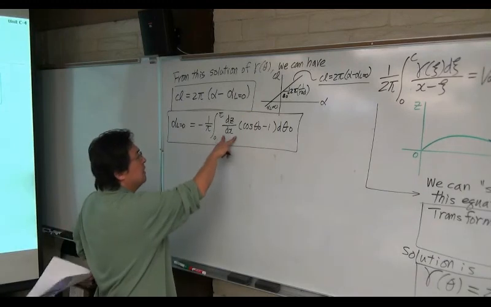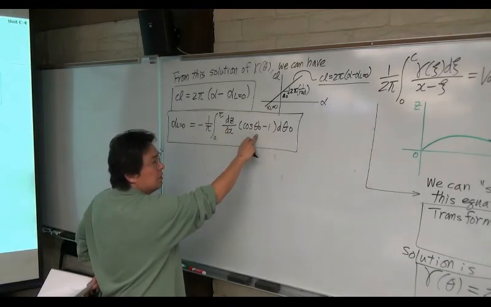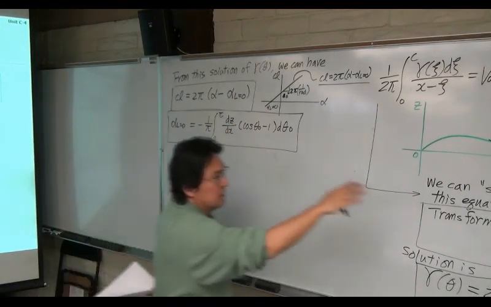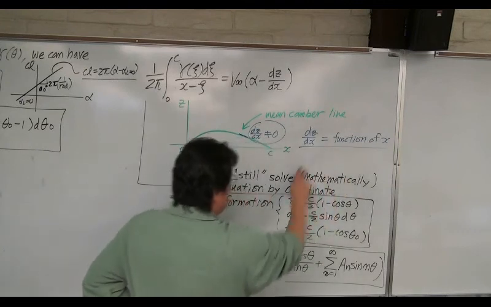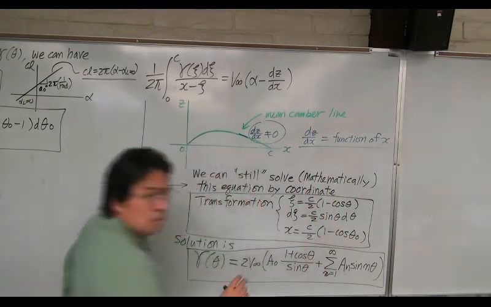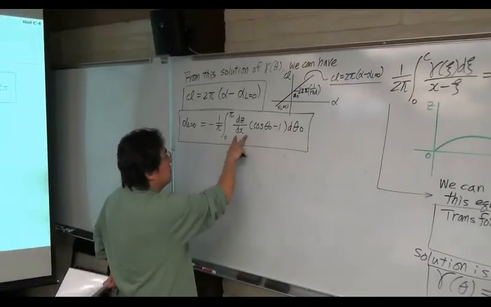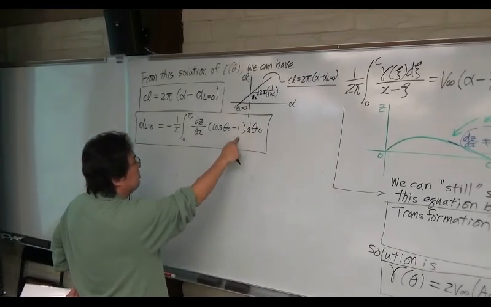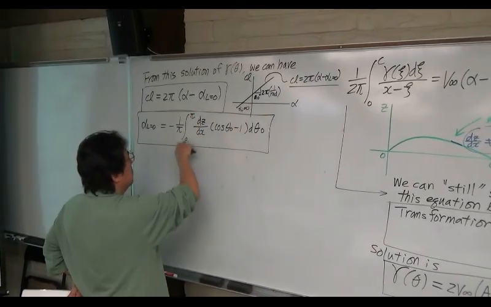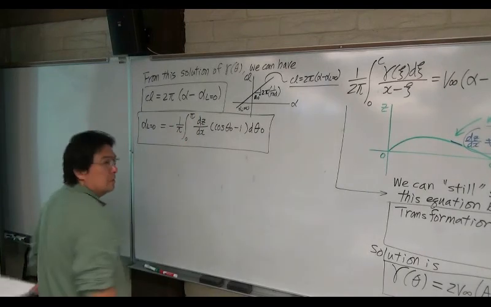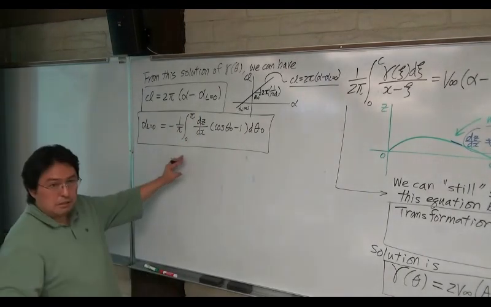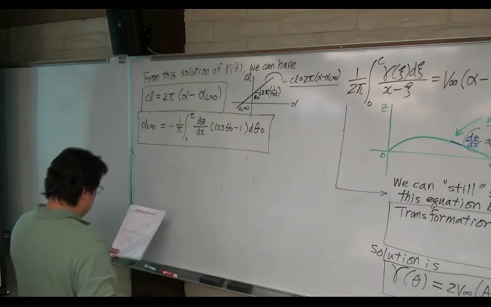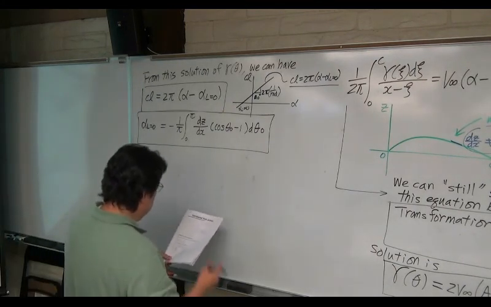You are going to find dz/dx as a function of theta. In other words, dz/dx is essentially a function of x. Then you coordinate transform x into theta 0, multiply by cosine theta 0 minus 1, then integrate that from 0 to pi. Then you get alpha 0 left. We're going to find out how to do it later, but we can fairly easily do this.